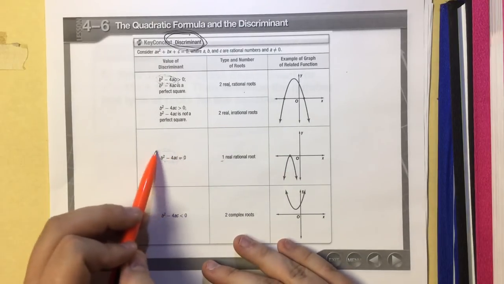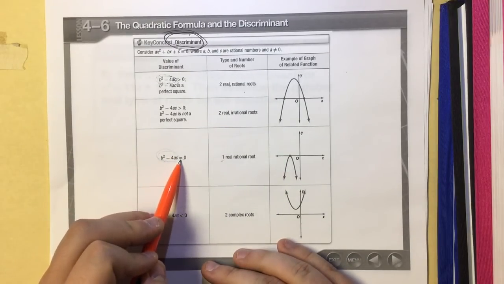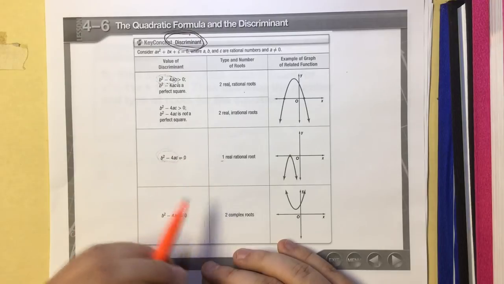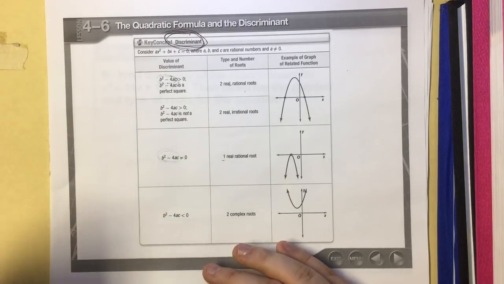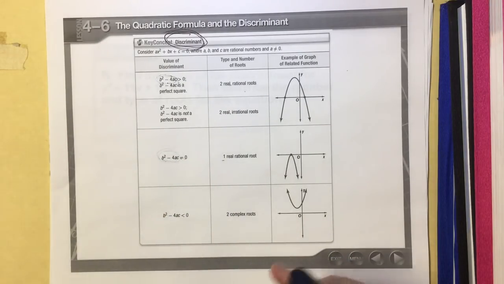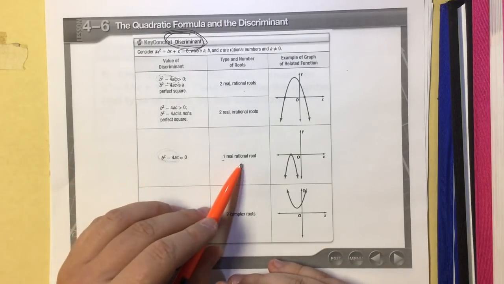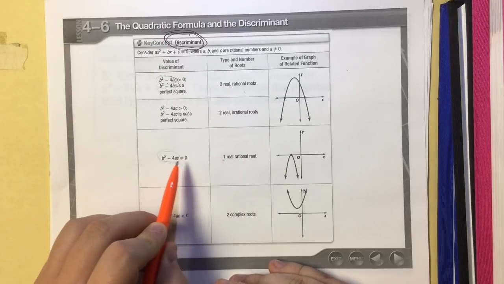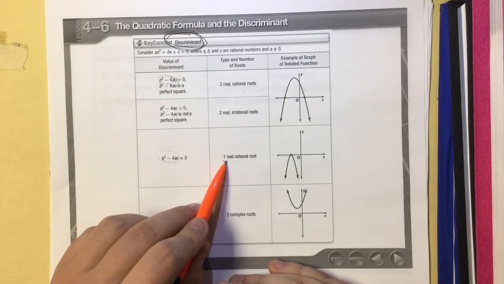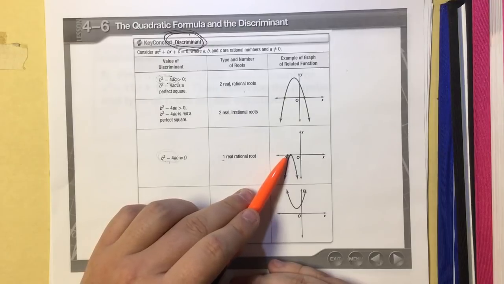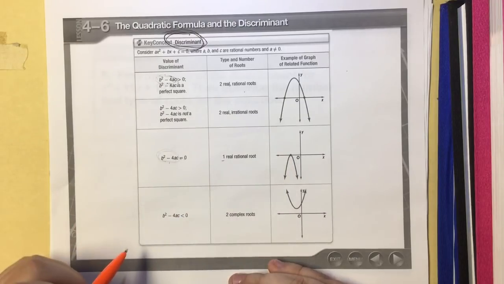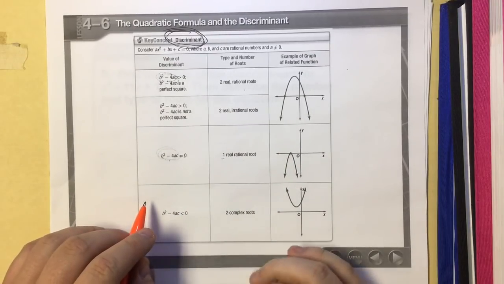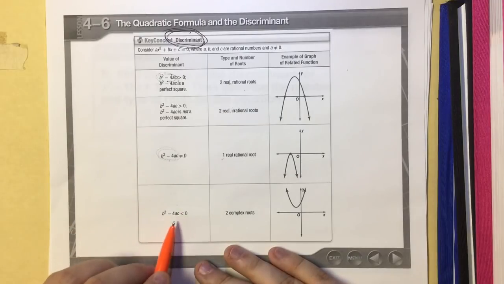That whole square root thing's going to disappear, and you're going to have a number plus or minus 0, and therefore you only get one number, and that's why you only have one root or solution. If the discriminant equals 0, you only get one real answer, and that graph would have the vertex on the x-axis.